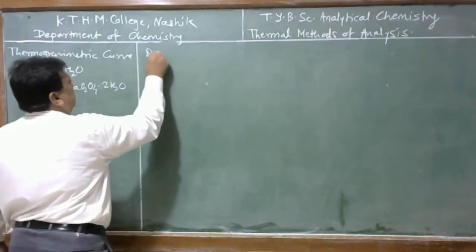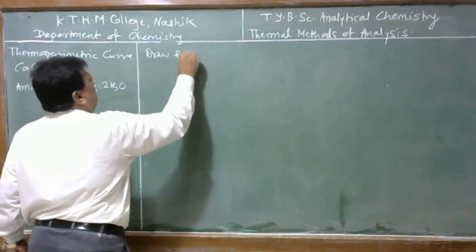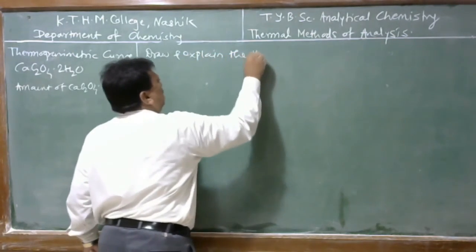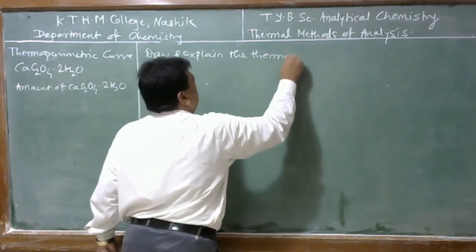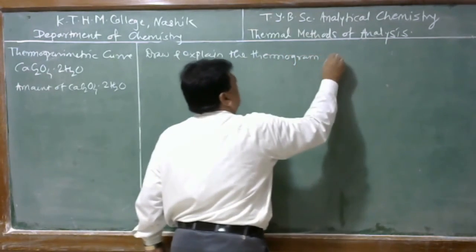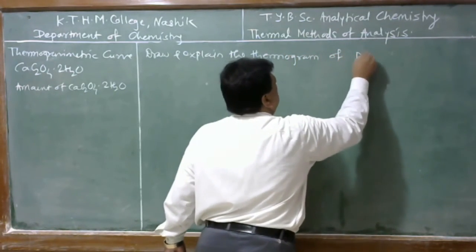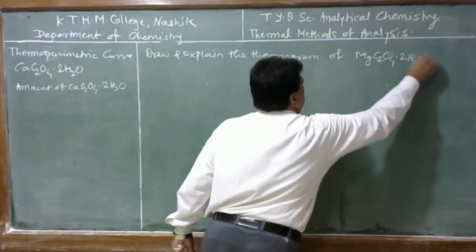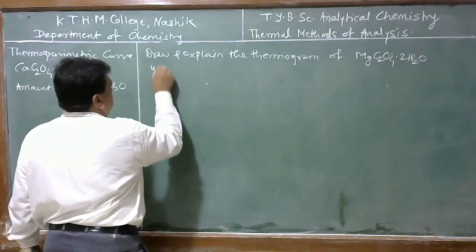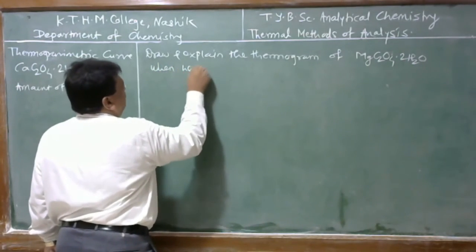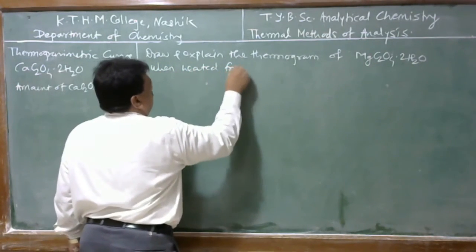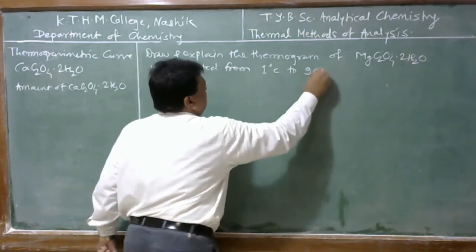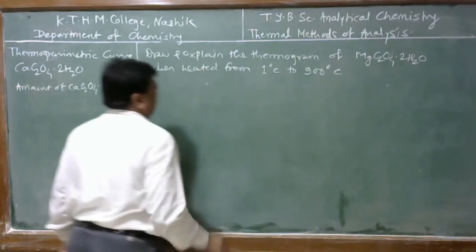Student, draw and explain the thermogram or thermogravimetric curve of magnesium oxalate dihydrate when heated from 1 degree centigrade to 900 degrees centigrade.